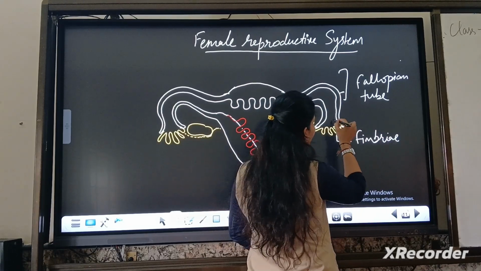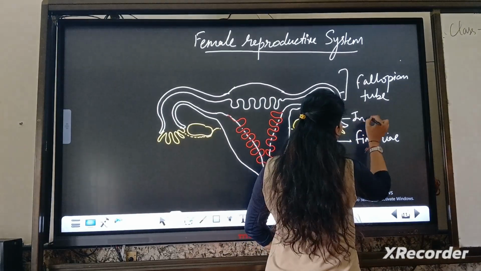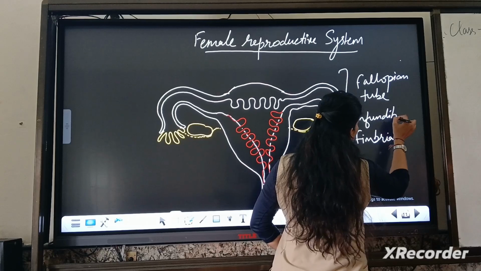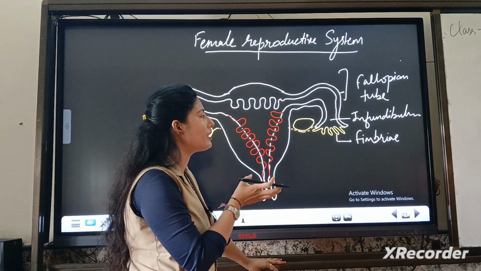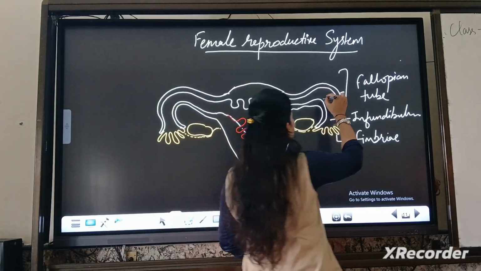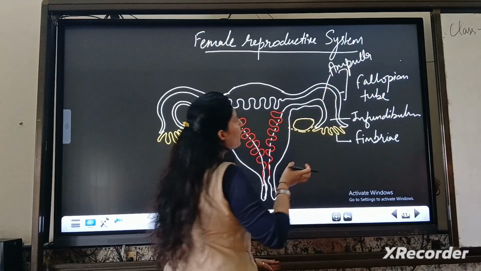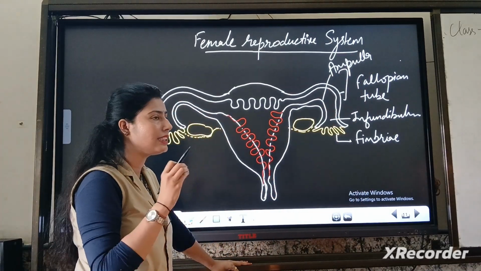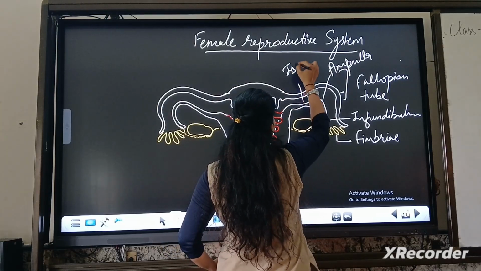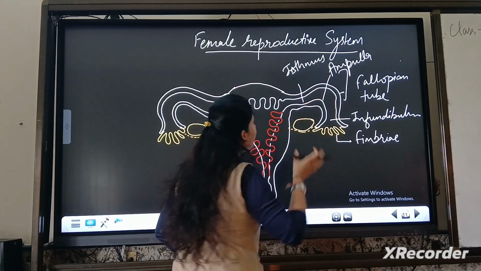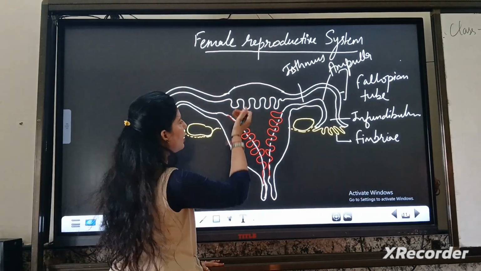Moving forward, there is a funnel-shaped structure which we call infundibulum, and this infundibulum moves towards the wider part of the oviduct, which is your ampulla, and this ampulla moves forward into a thinner part, which is your isthmus. This isthmus joins the fallopian tube to the uterine cavity, which is your uterus.